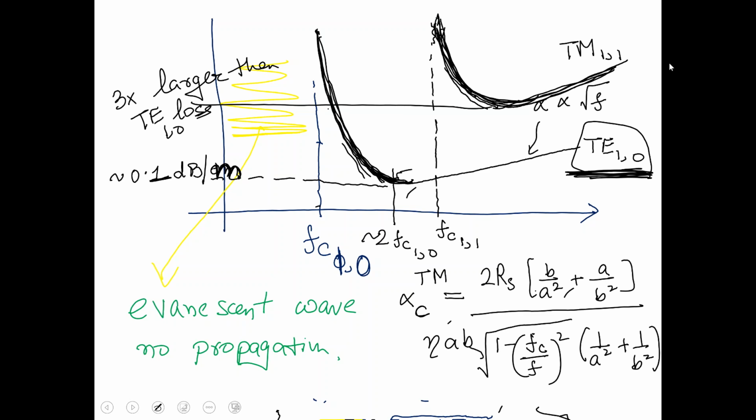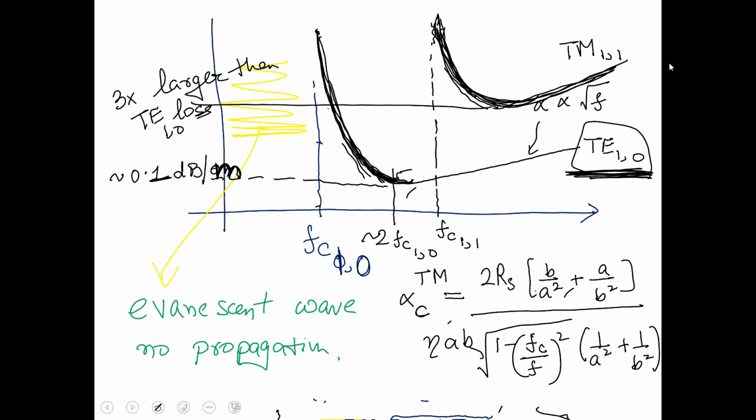Now, when you go to even higher frequencies, if you go to terahertz, which is 10 to the power 12 hertz, where there's a lot of research happening right now, even these rectangular waveguides fail. They have too high loss. Again, remember TE loss is increasing as the square root of f.